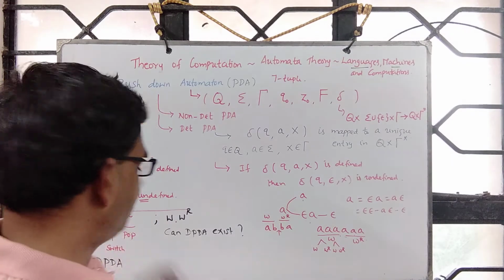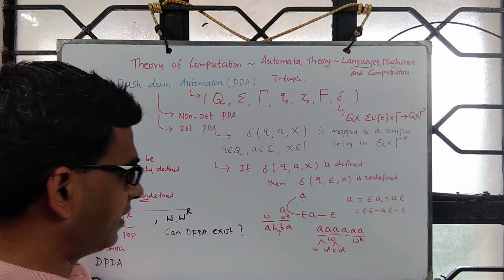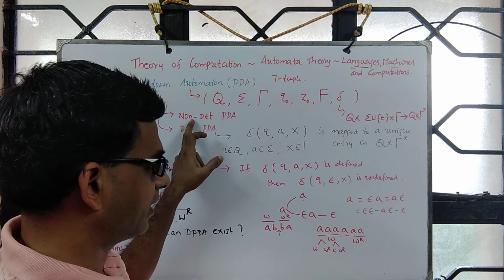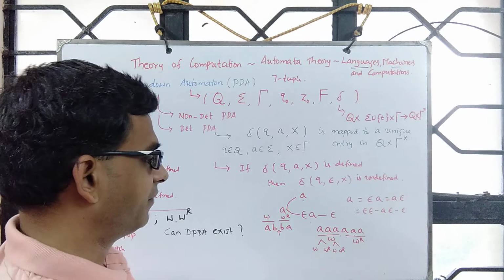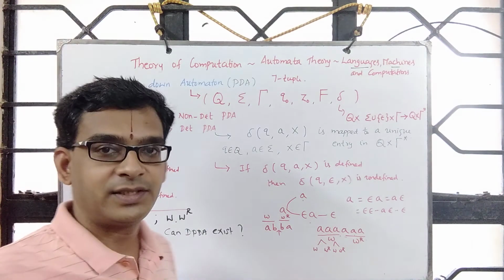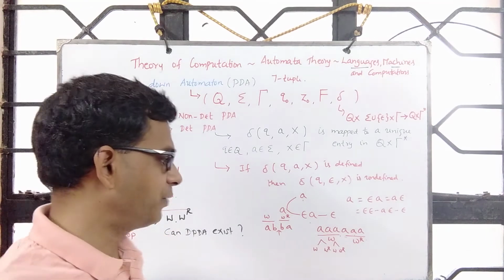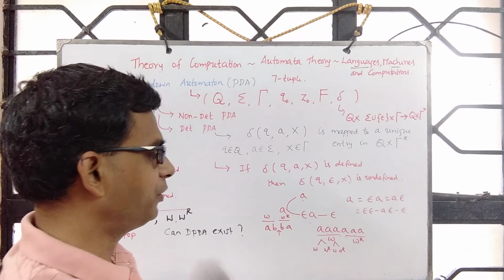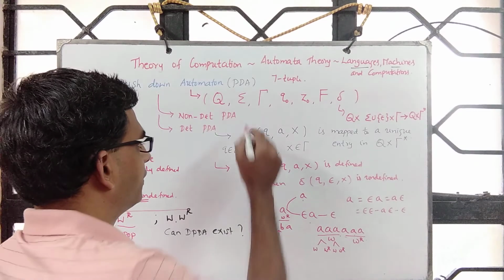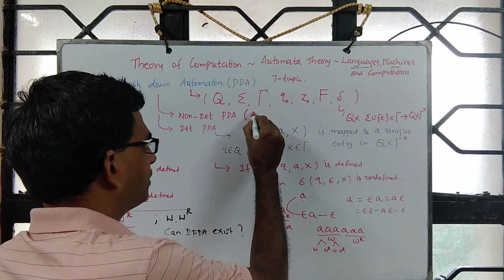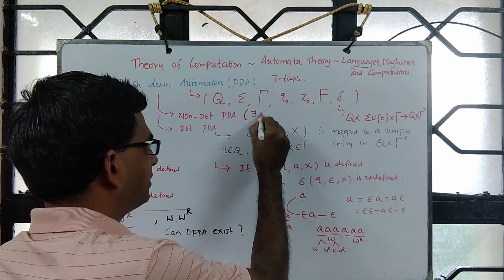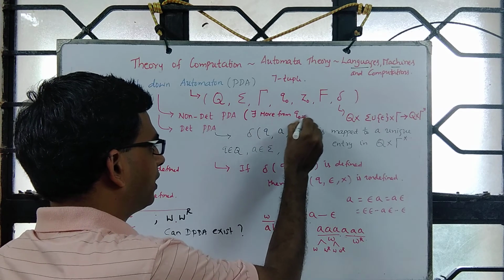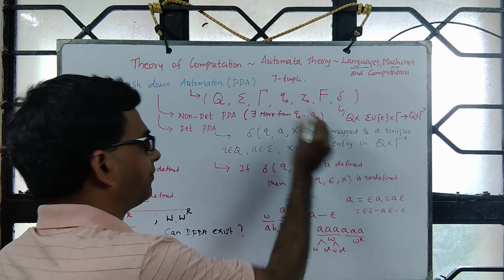In the context of a non-deterministic finite automaton, how did we define acceptance with respect to a non-deterministic machine? We said if there exists at least one sequence of moves starting from Q0 to QF, then you accept. So there exists at least one move from Q0 to QF.